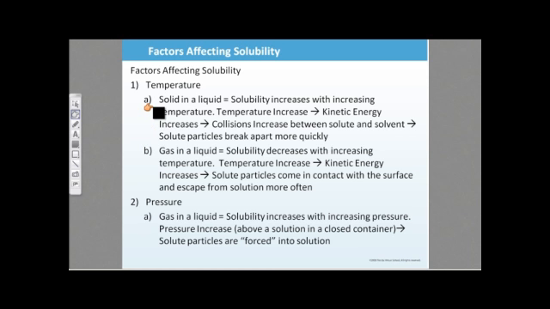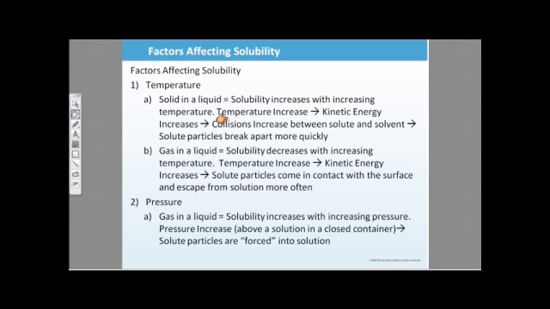If we're dissolving a solid in a liquid, the solubility will increase with increase in temperature. Reason being, if you go back to Module 6 and use collision theory and the kinetic molecular theory, it makes sense how this will work here. You increase temperature, which means you're increasing kinetic energy. With an increase in kinetic energy, the molecules are moving more quickly.